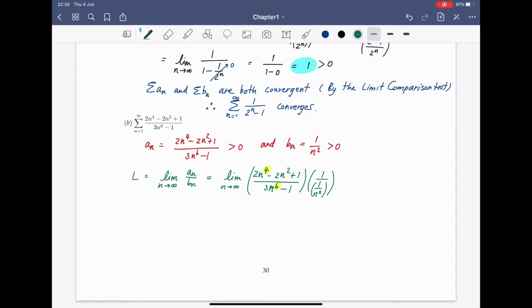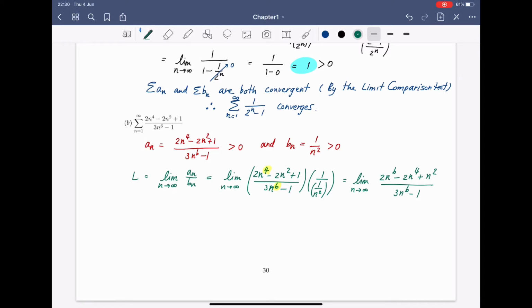So this part I am going to have the limit of 2n to the 6th power minus 2n to the 4th power plus n squared over 3n to the 6th power minus 1. So you can see that what I did is I just multiplied n squared to the top, so I get this thing. And now this is super easy to compute the limit, right?